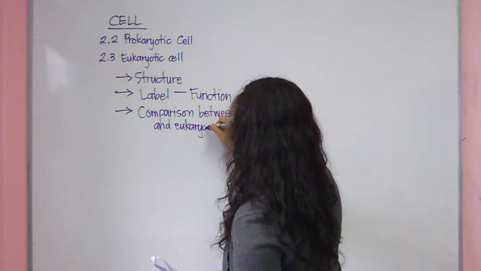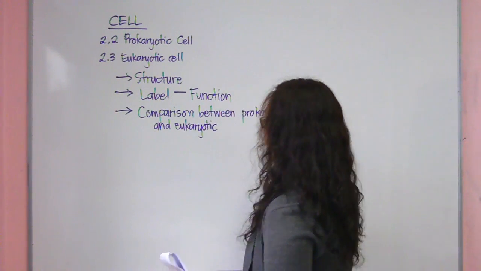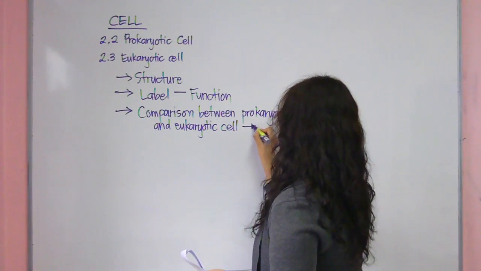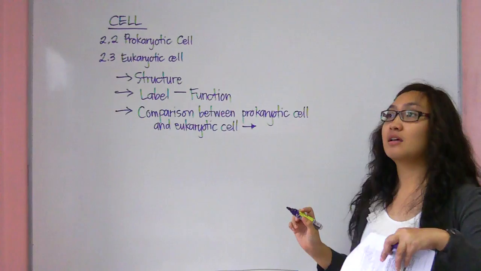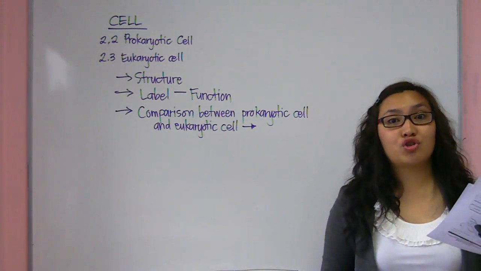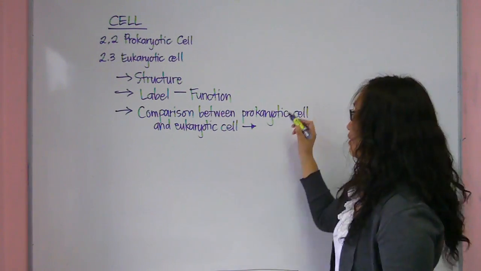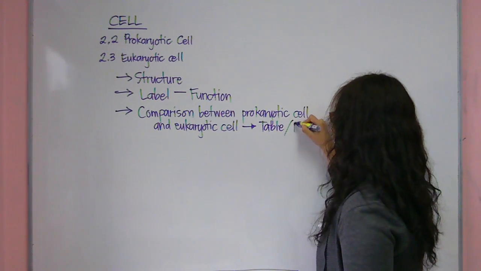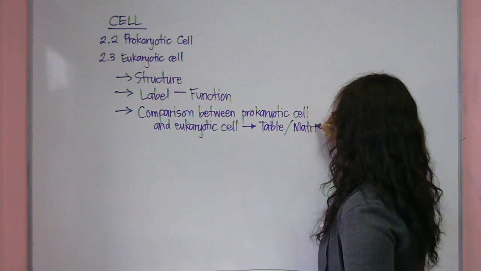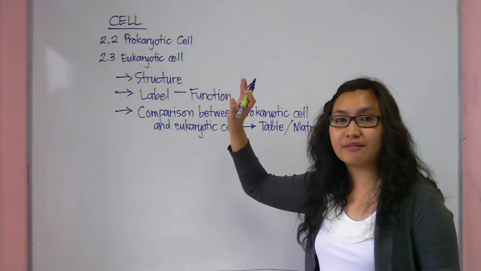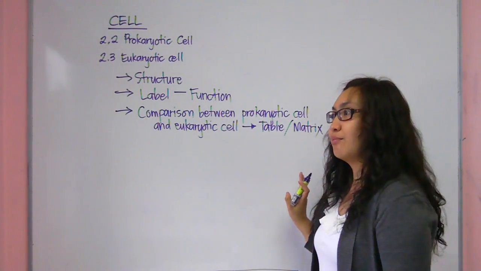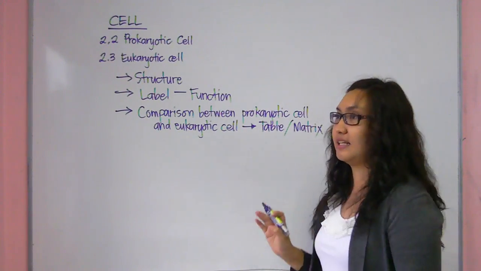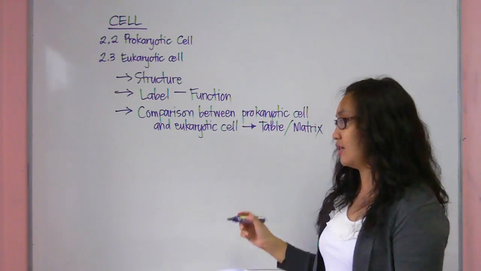The most effective way that we can show this is by putting it into a table, or a matrix. For example, by writing down the basic features that are present only in prokaryotic cells and eukaryotic cells, we might be able to give the comparison.